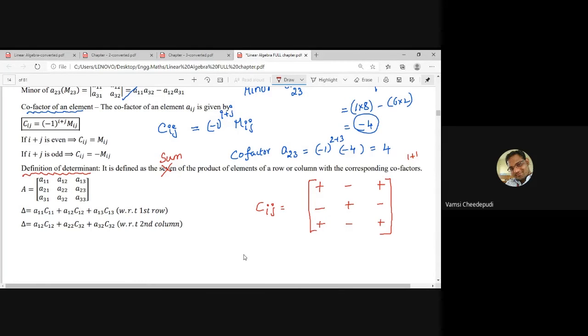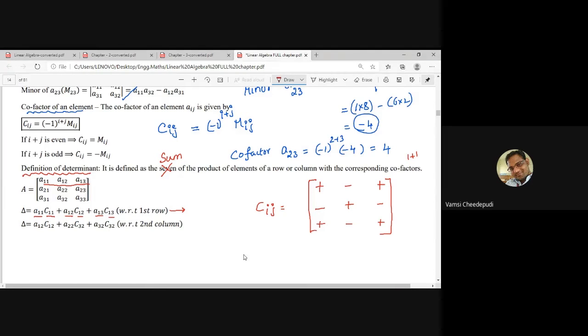So if you want to select the first row, the first row elements A11, A12, A13 must be multiplied with the corresponding cofactors C11, C12, C13. So this is the expansion of the first row.